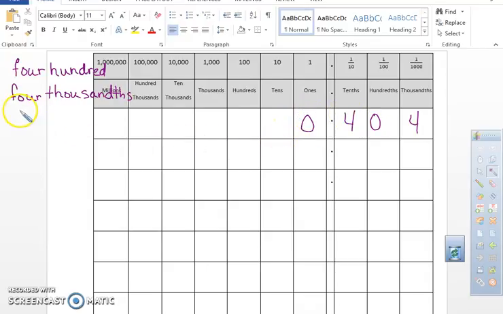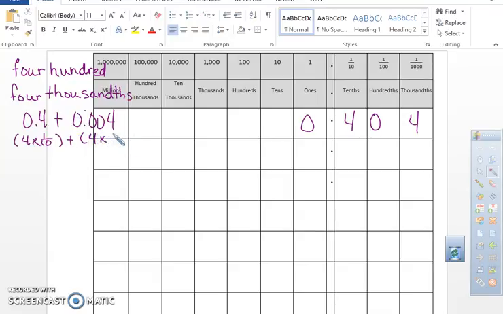If I were to write that in expanded form, I could write it two ways. I could do 4/10ths plus, and I don't have a hundredths place, so I don't have to worry about that, plus 4/1,000ths, or I could write it 4 times 1/10. I like this so much better. I think it's much less confusing.